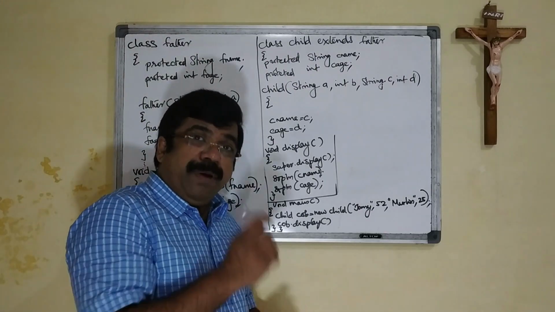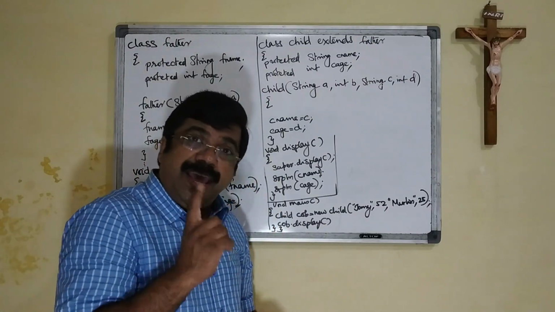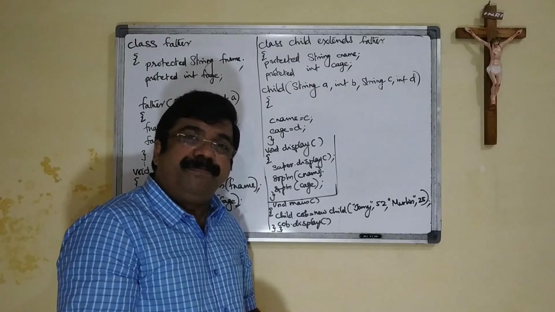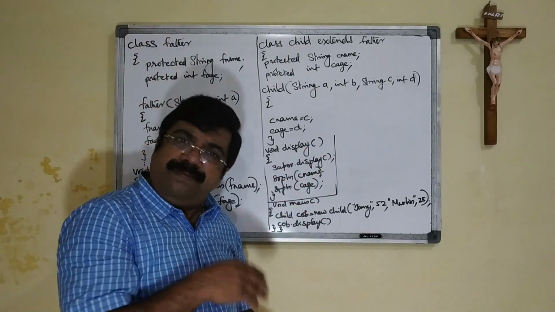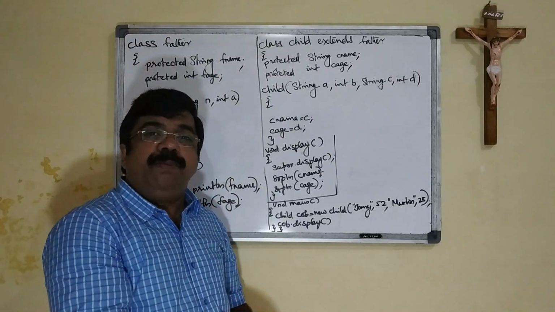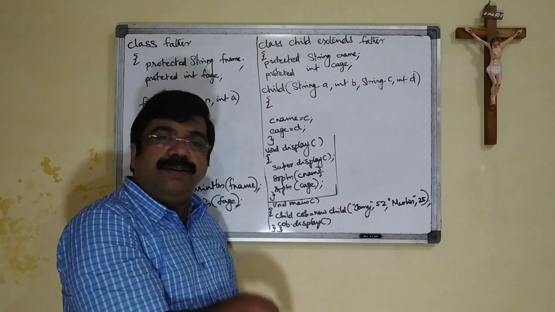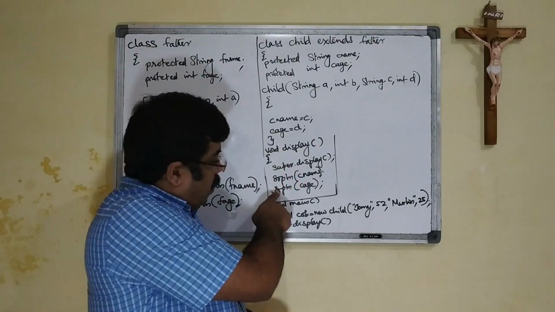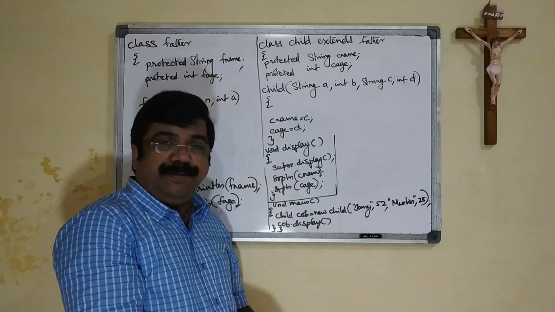When the base class member function is reused again in the derived class with the same signature. Display: super.display is the same, calling the member function of the base class. System.out.println of c_name and c_age, that is to print it.